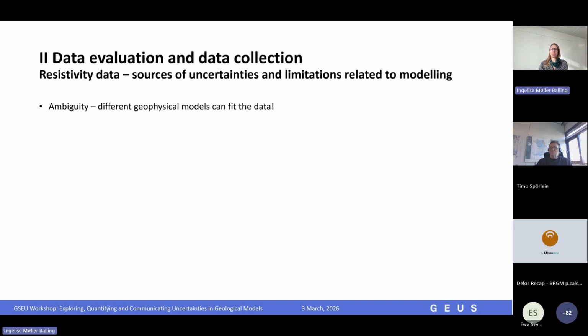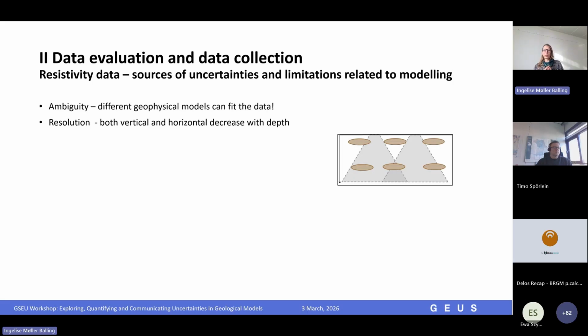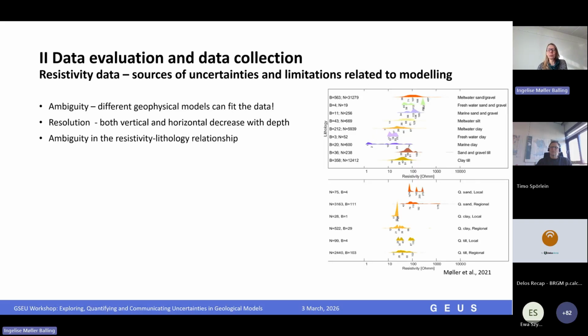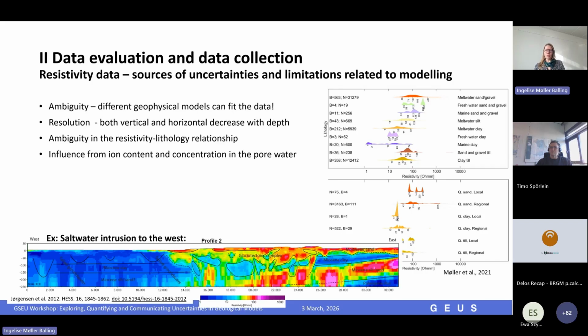When we look at the sources of uncertainties and limitations related to the modeling of the resistivity, which is primarily obtained from the transient electromagnetic methods, it's important to have in mind that we have ambiguous data and that the resolution is different from the top to the bottom of the profiles. We also have ambiguity in the resistivity-lithology relations, and in relation to the iron content and concentration of the pore water, which influence directly on the resistivity.